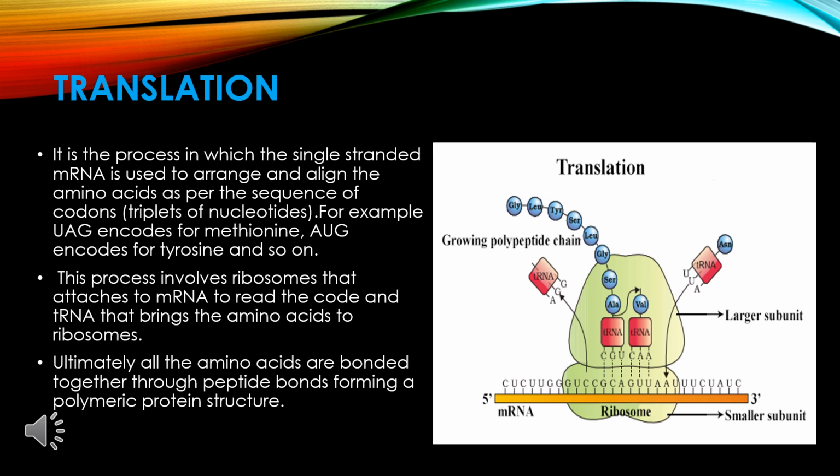When a huge number of different amino acids are joined together through peptide bonds, a multimeric or polymeric structure of a protein is synthesized at the end, which is functionally active. So only one amino acid or two amino acids cannot perform any function. To make a functionally active protein, we need to join these amino acids, these subunits, together through peptide bonding. So the first amino acid was glycine, the other was, for example, leucine.